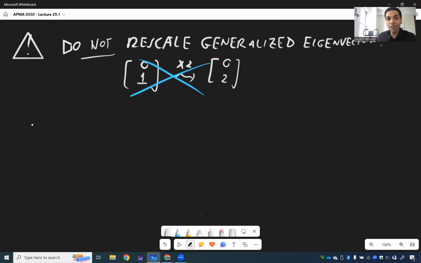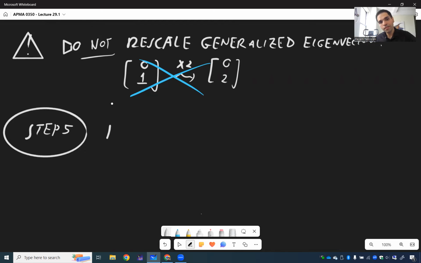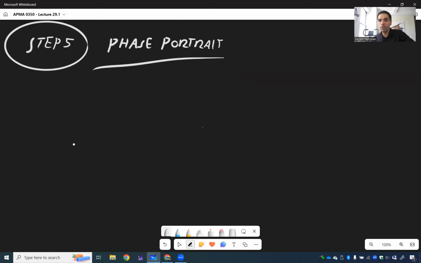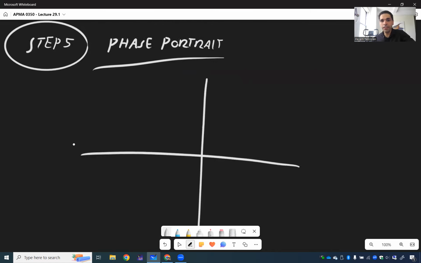All right, and now your favorite part, the phase portrait. So once again, let's draw the axes, nice and big. And before we do anything, let's do an orientation check once again.